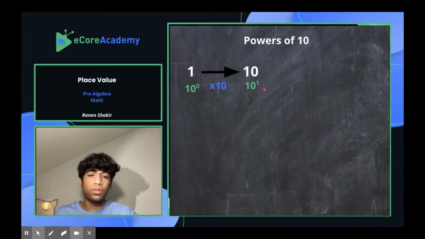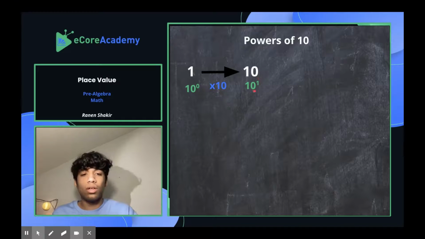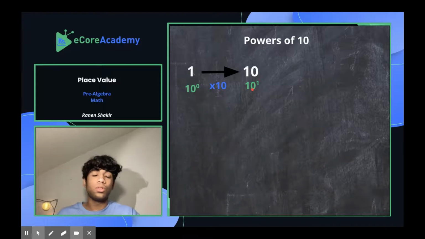So 10 to the first power is 10. This is also another exponent rule: any number to the first power is the number itself. In this example, 10 to the first is 10 itself. We're going to talk about exponent rules when we get into our equations unit and our Intro to Algebra 1 unit, but that's further down the line. Just know for this one, 10 to the first power is 10.